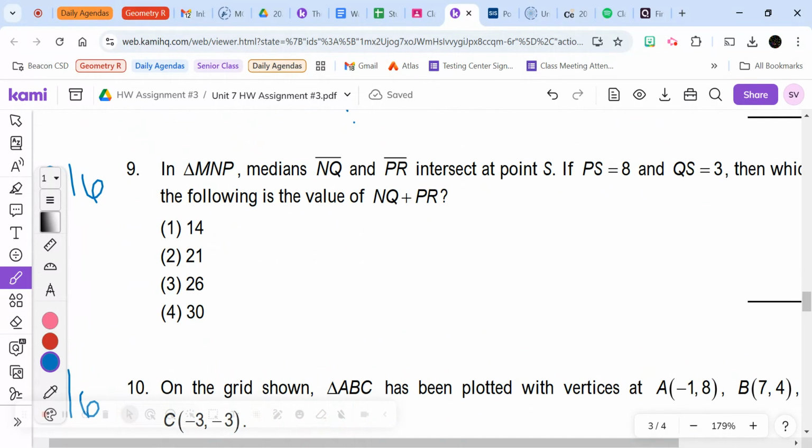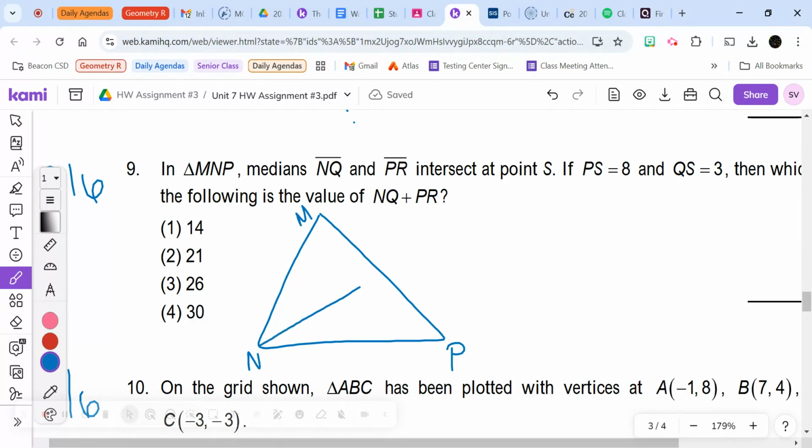We know we have triangle MNP. Doesn't matter what kind of triangle you draw. Here's M, N, P. NQ is the median. So that means from here to the midpoint, Q is your midpoint here. And PR, so P is connecting to a midpoint R over here.